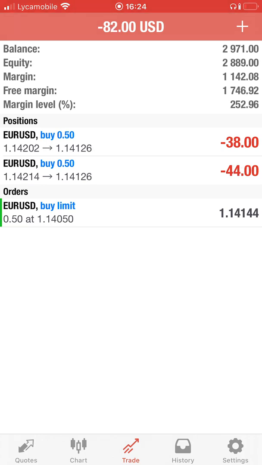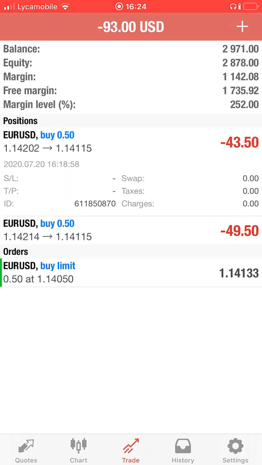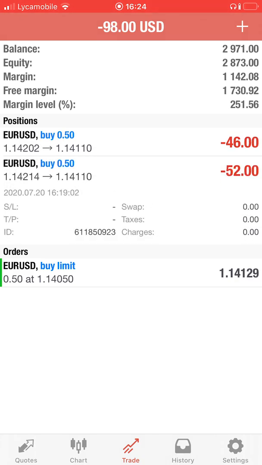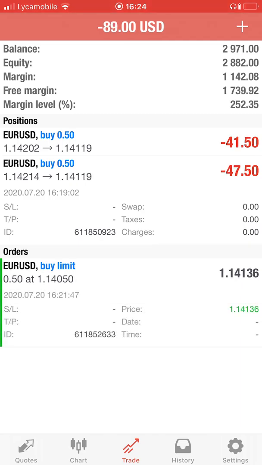All right, so in our next video I will be bringing to you how to modify our trades. You can see from this trade there's no stop loss, there's no take profit. It's just an instant or market execution, and you can see our pending order also. We do not fix our stop losses.